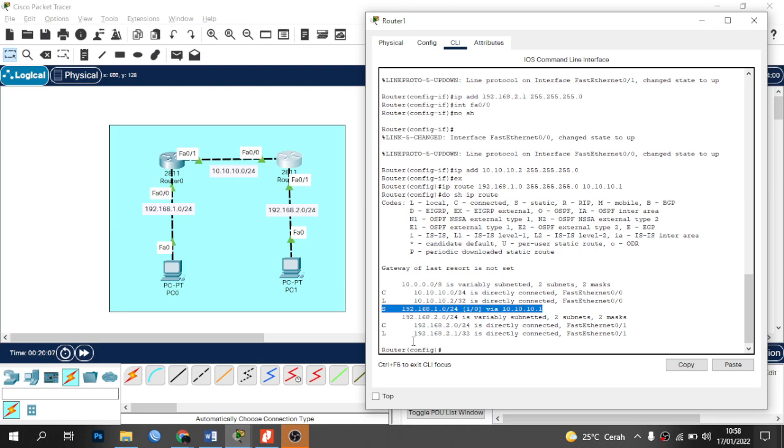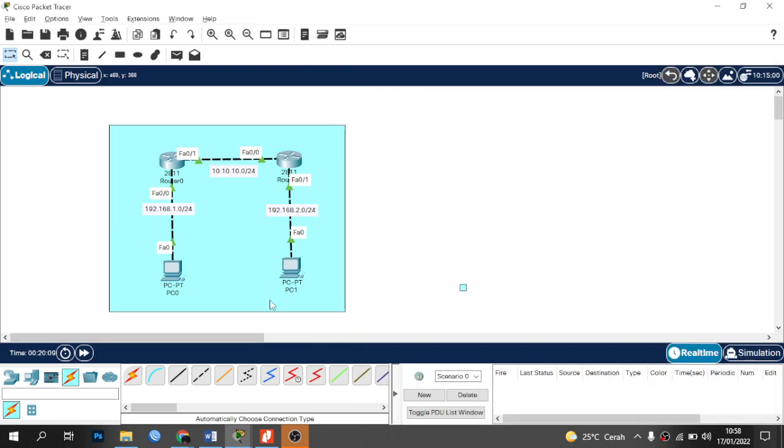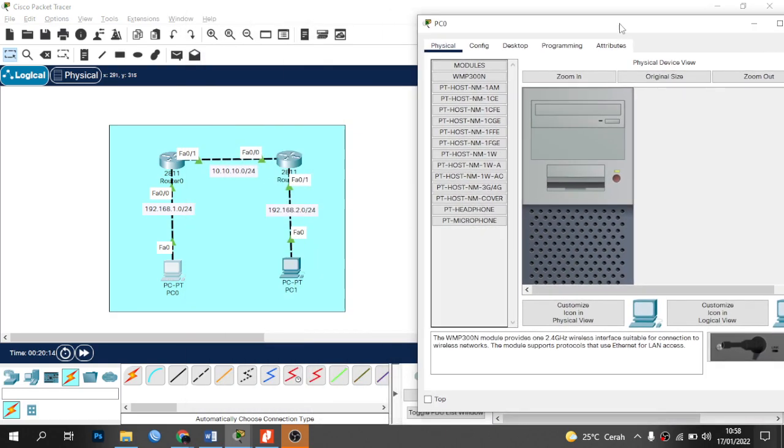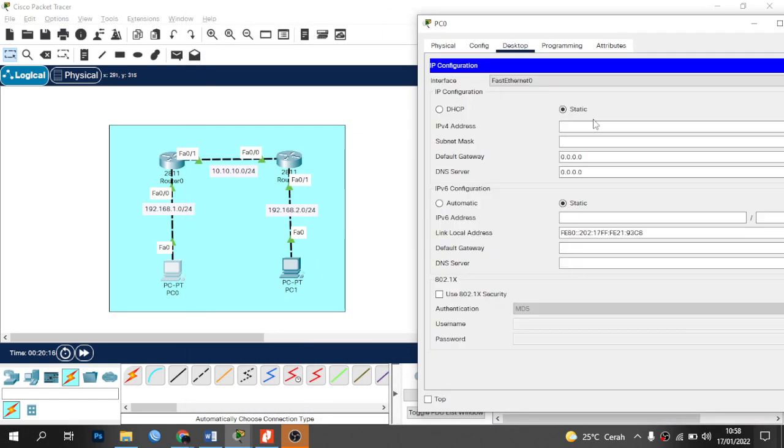Okay, now add IP on the PC. Okay, desktop, IP configuration.